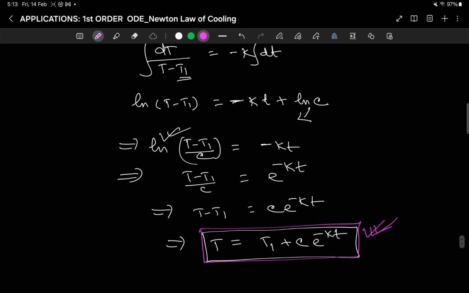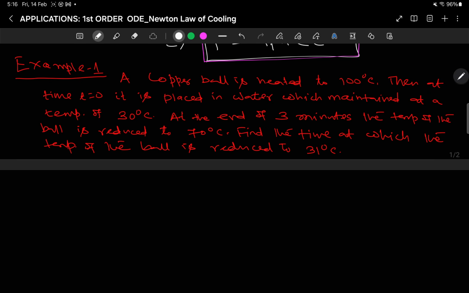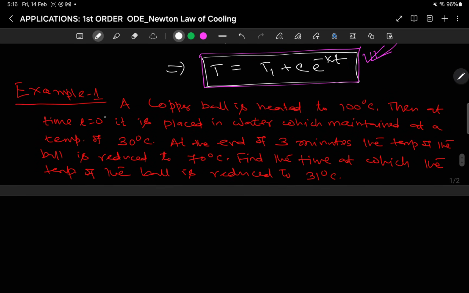Now let us solve some problems on this basis. The example is like this. A copper ball is heated to 100 degrees centigrade. Initially the temperature of the copper ball is 100 degrees; this is my T(0). At time t equal to 0, it was 100 degrees centigrade.